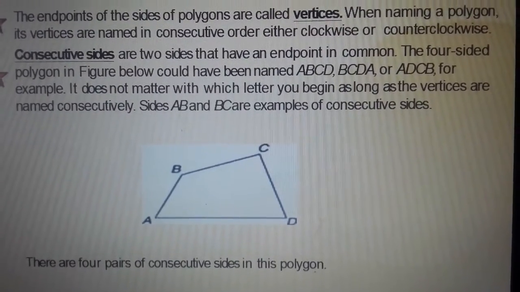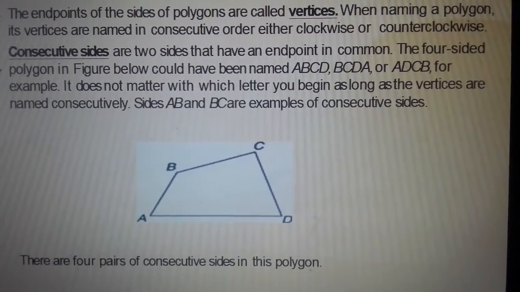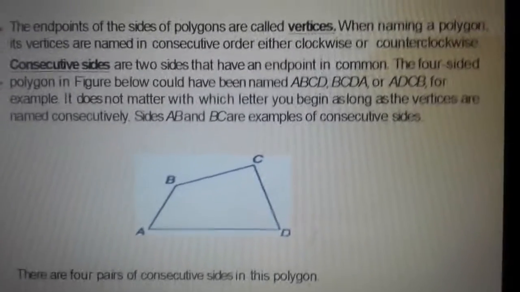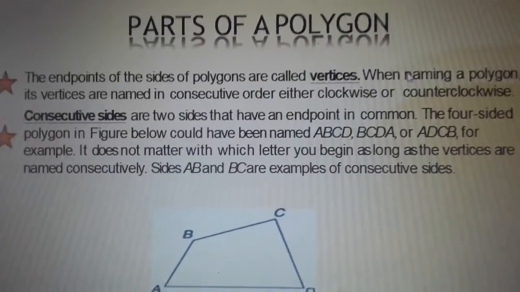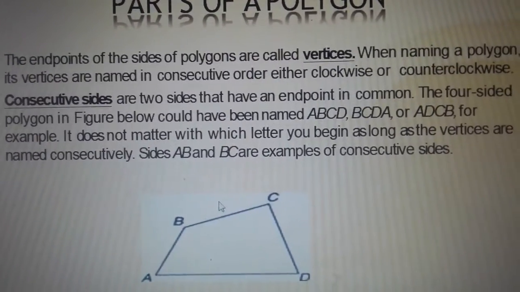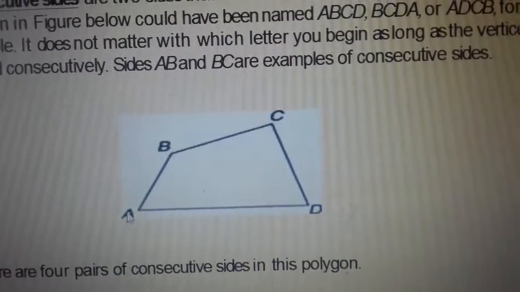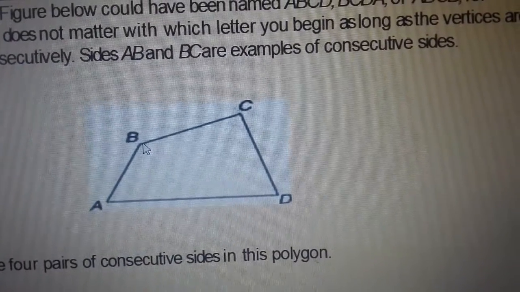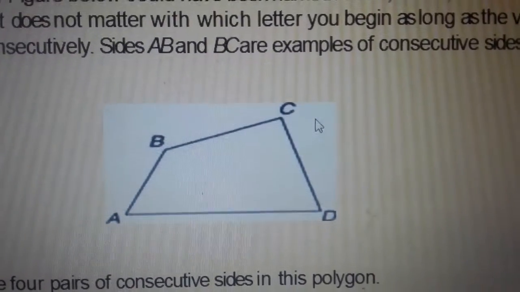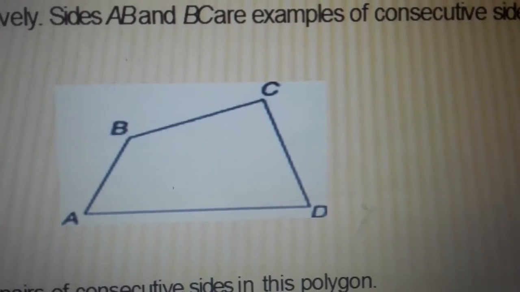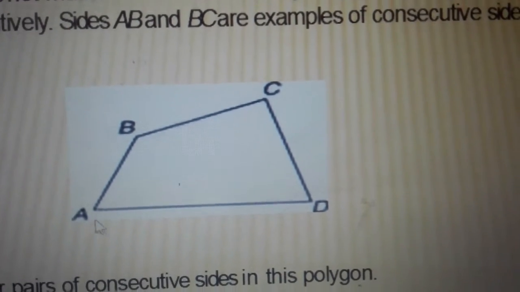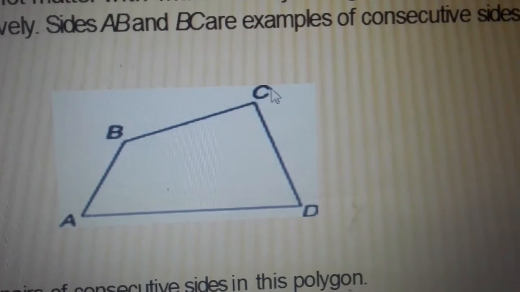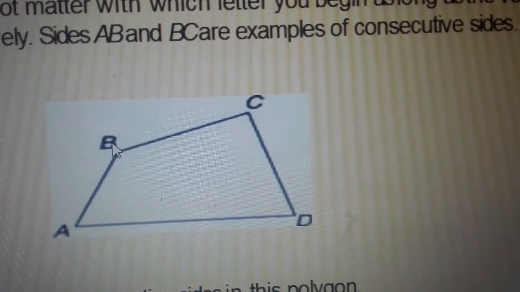When naming a polygon, its vertices are named in consecutive order, either clockwise or counterclockwise. Look here, I am starting from A. The sides are AB, BC, CD and DA. It moves like this. Otherwise, sides AD, DC, CB and BA.